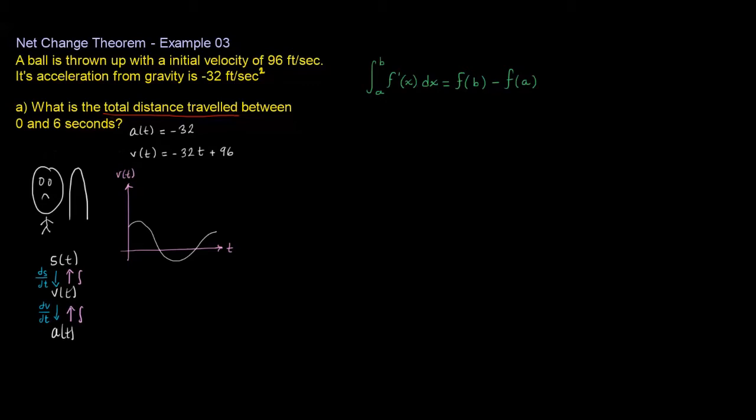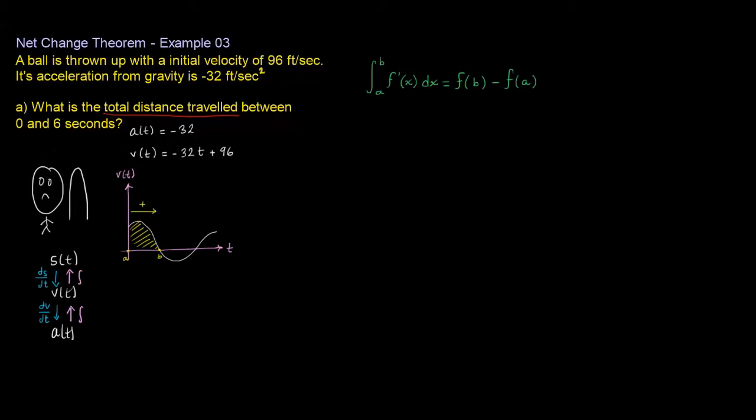So for example, if we integrate over this interval between this point and this point, which I'm going to call A and B, we would see that this area would be positive, which in other words says that whatever is moving with this velocity, whatever the object is, it will be moving to the right.